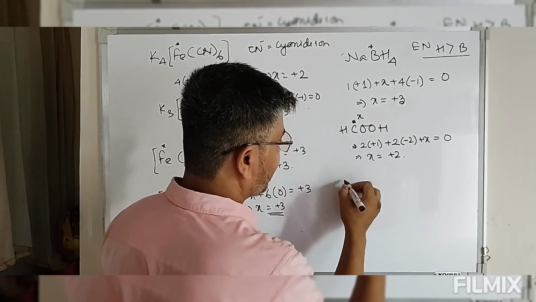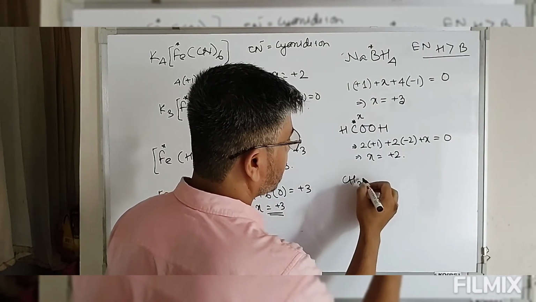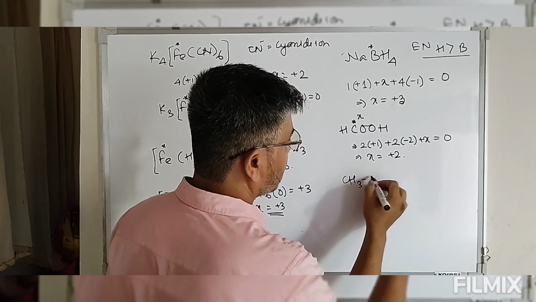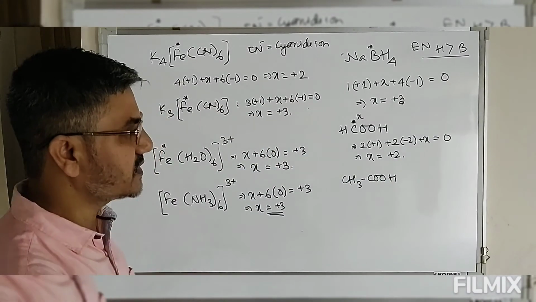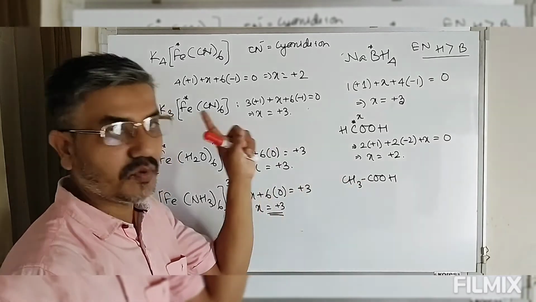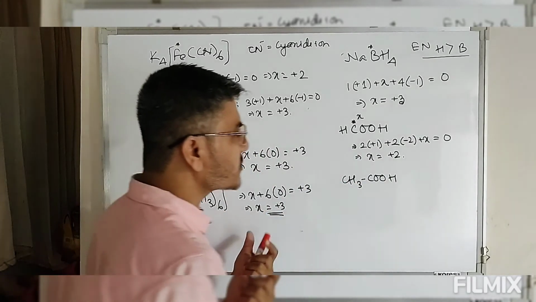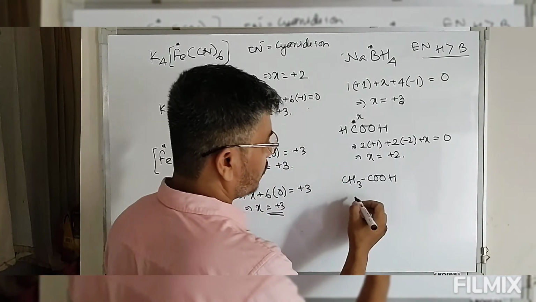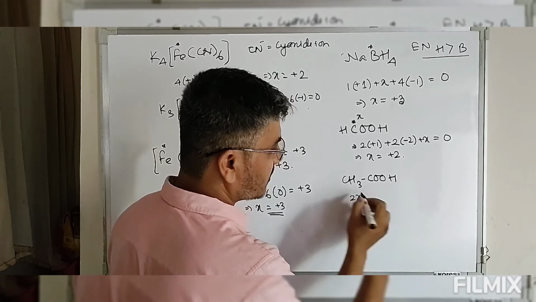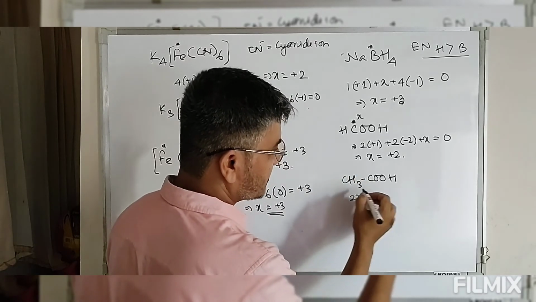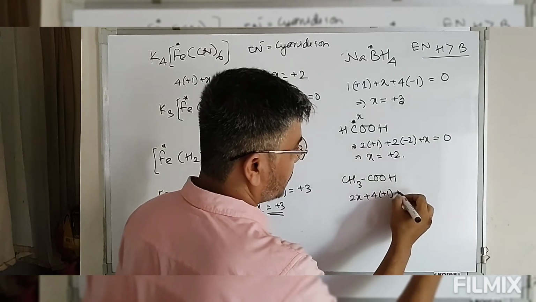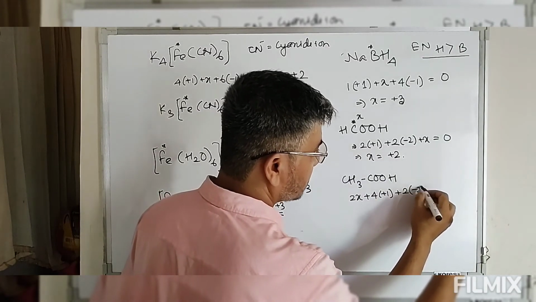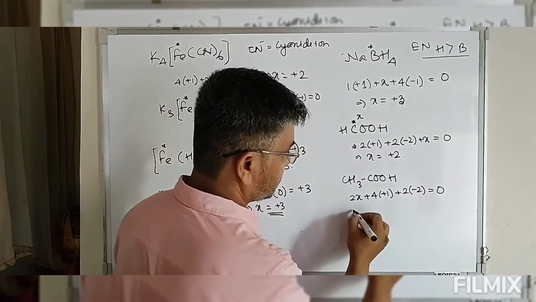Let's take this, CH3COOH. Now we have to find the oxidation state of carbon in both cases. Let's suppose average. So we have 2 carbon, plus 4 hydrogen, plus 2 oxygen. Total charge is 0.